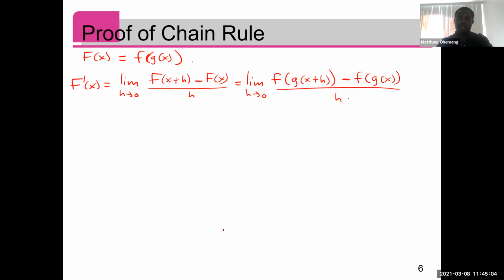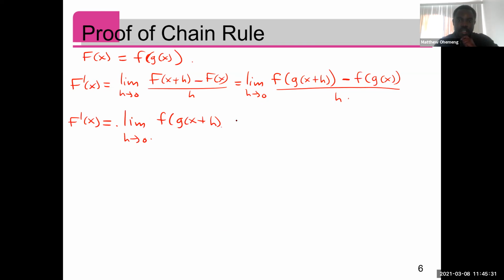Are you okay up to this point? Any questions here? Okay, so after we obtain this, one thing we can do is, let me write this here. So we have f prime of x equal to the limit as h approaches 0 of f of g of x plus h.